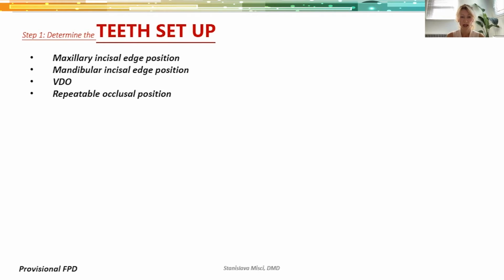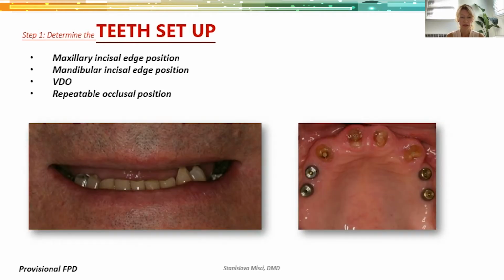This patient has 4 maxillary implants in good condition but never restored, and has 4 remaining roots that need to be extracted. Maxillary incisal edge position, we will determine the same way we do with complete dentures. We will make a record base occlusal rim and adjust the occlusal rim to the level where we want our future maxillary incisal edges to end.